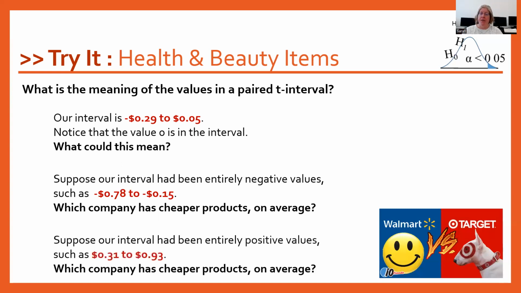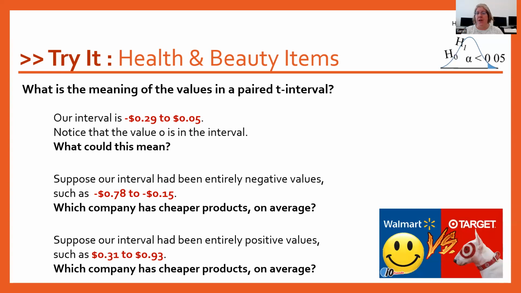Okay, and then vice versa, what if our interval had been entirely positive values? So suppose it had been positive 31 cents to positive 93 cents. Okay, so one of the companies then has cheaper products on average, and that's going to mean that Target is cheaper. So if Walmart's more expensive and we're subtracting off smaller Target prices, we'll end up with positive values, okay, which is what this interval represents.